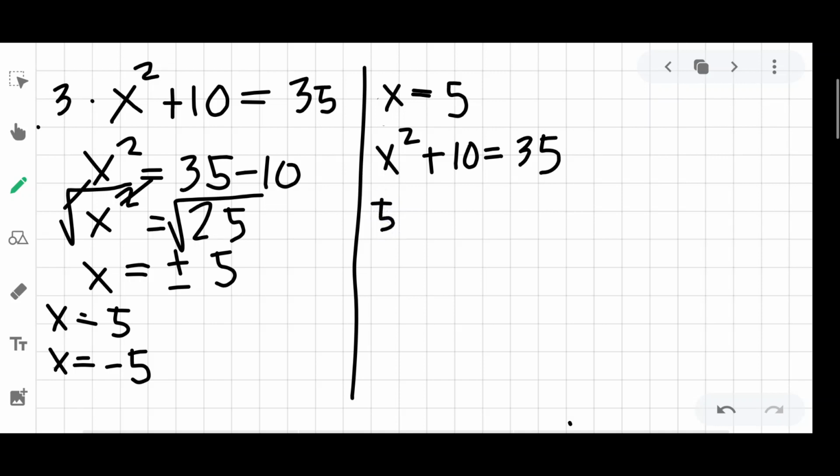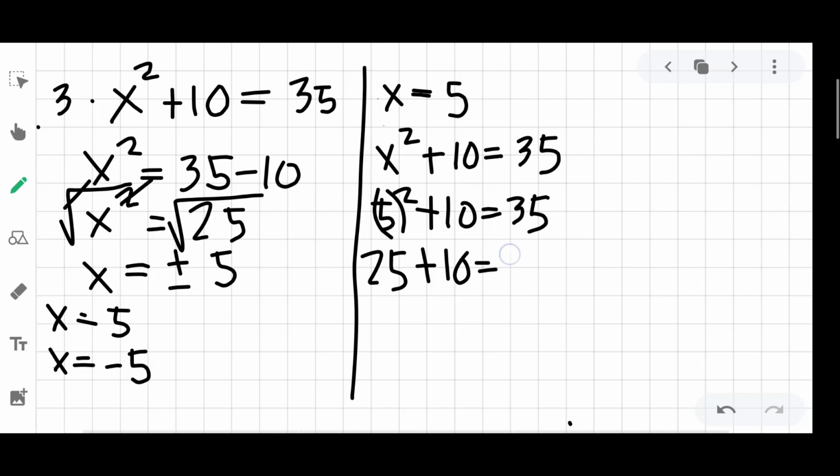So, 5 squared plus 10 equals 35. 5 times 5 is 25. Bring down positive 10 equals 35. So, 25 plus 10, the answer is 35. Then, bring down equals 35. So, since equal sila, therefore, tamang answer natin, our first solution, which is x is equals to 5. So, check.